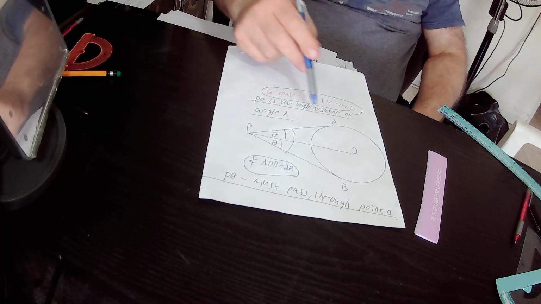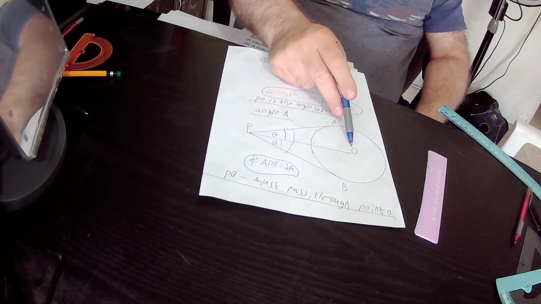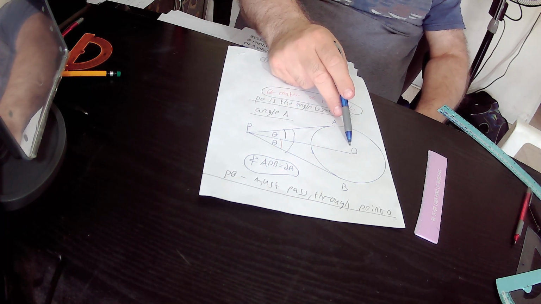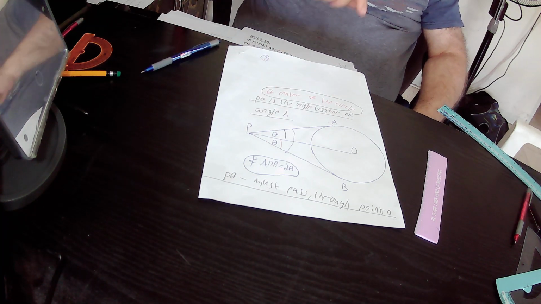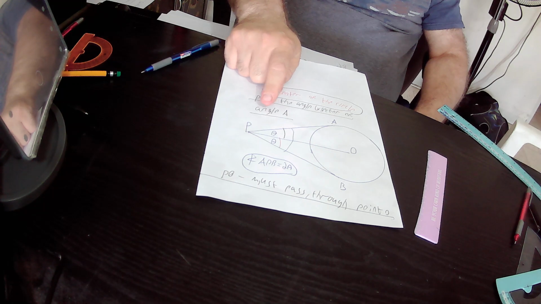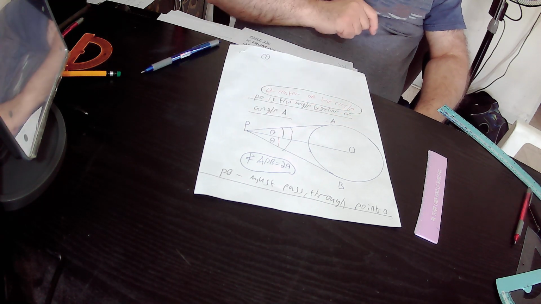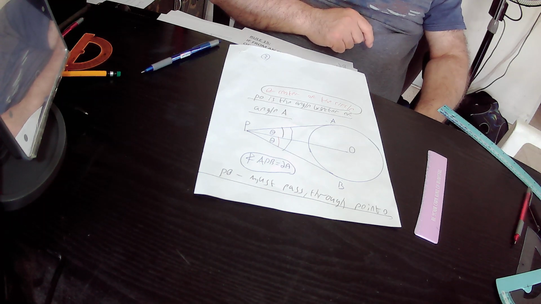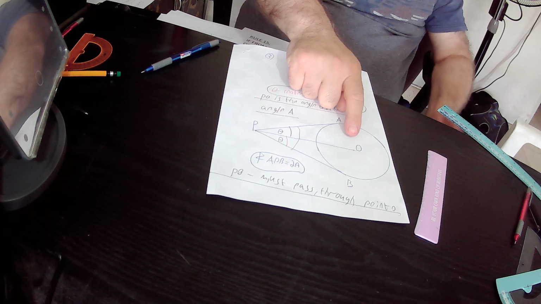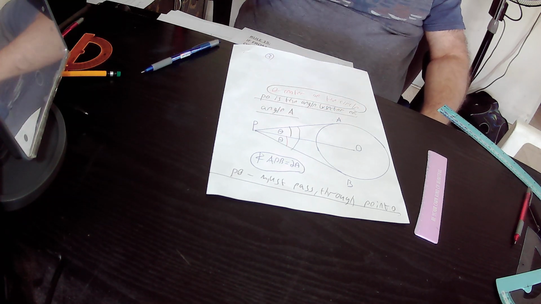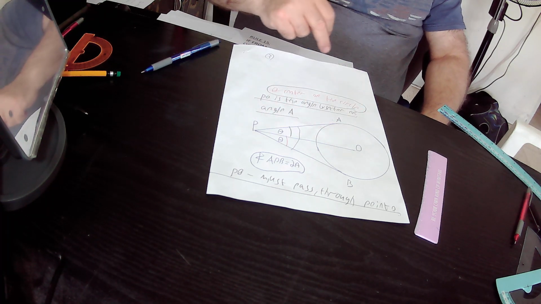So the angle bisector of this angle APB must pass through point O, that is the center of this circle. Actually the angle bisector of this angle APB is OP. And you can see that OP passes through point O, that is the center of the circle. Angle bisector OP bisects angle APB into two halves.